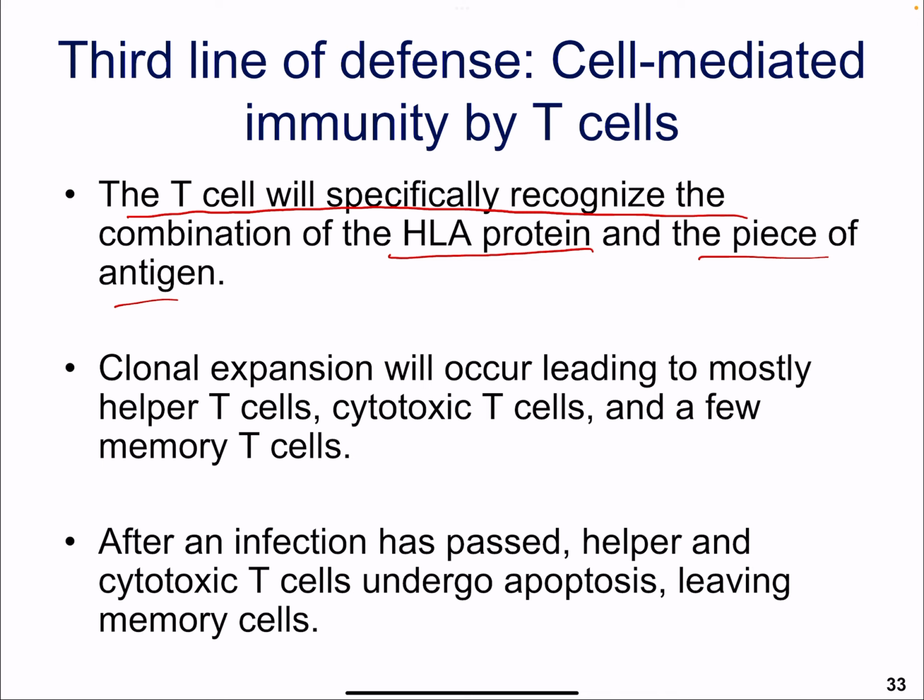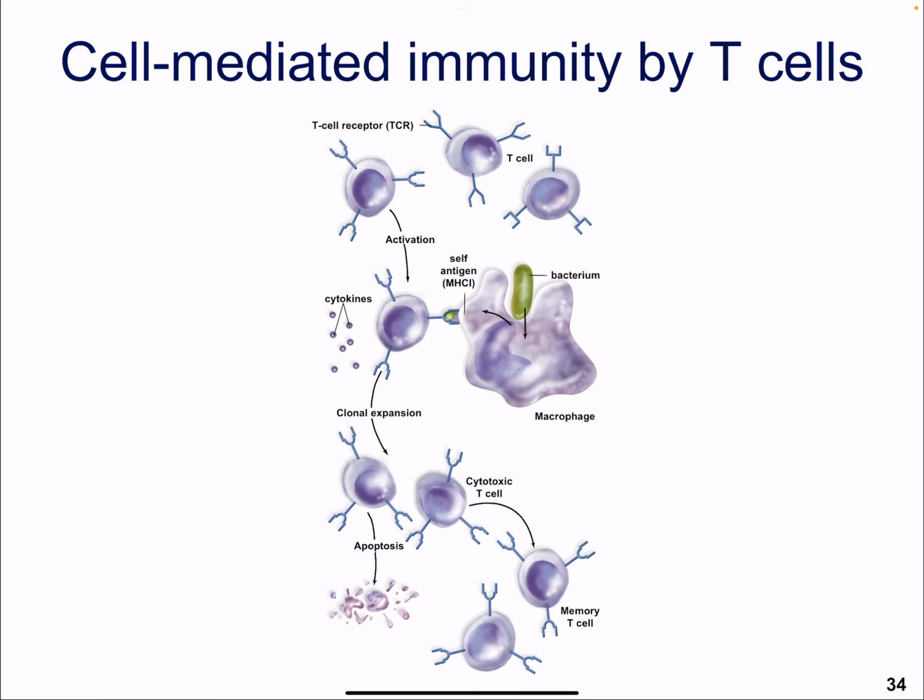Okay, so the helper T cells and the cytotoxic T cells undergo clonal expansion. Some are stored as memory, right? After the infection, most of the cells are going to undergo apoptosis, just like we saw in B cells, and about 5% is going to be saved as memory, right? So what we saw for B cells is also true here.